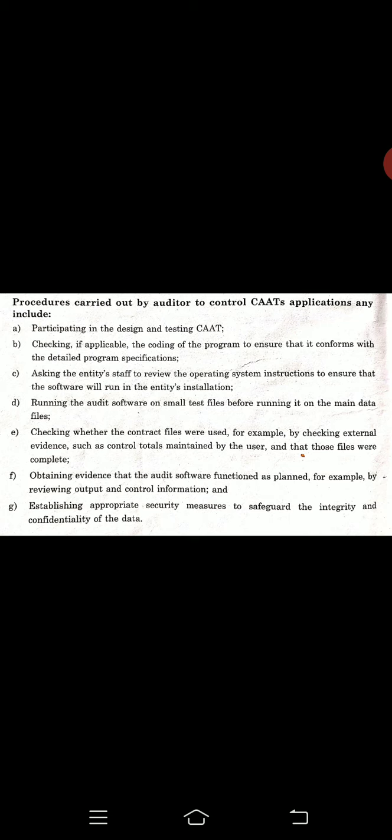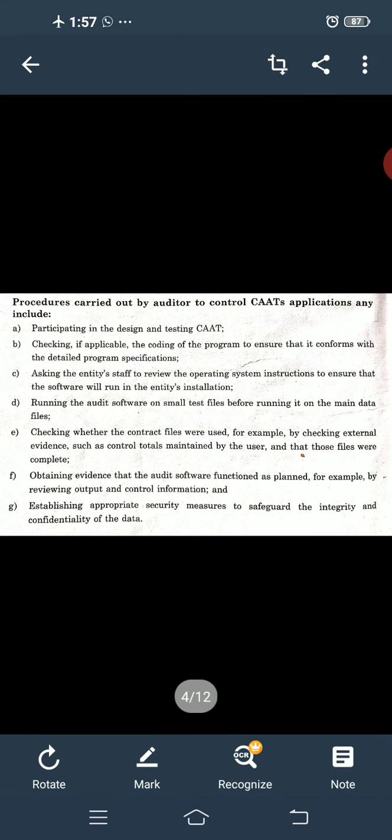Then checking whether the contract files were used, for example by checking external evidence such as control totals maintained by the user, and that those files were complete.